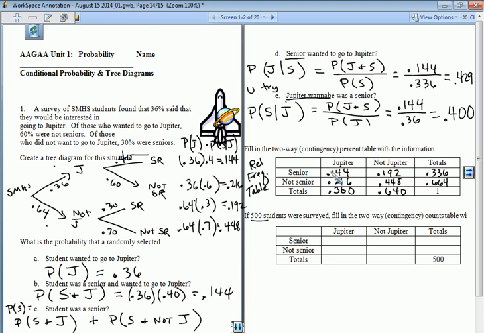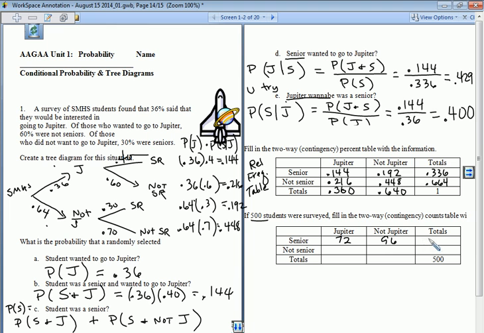So if we did have 500 students, how would we find the ones that would fall in each one of these? We would do the 0.144 times the 500, and that would give us 72 students here. And then the 0.192 times the 500 would give us 96 students here.